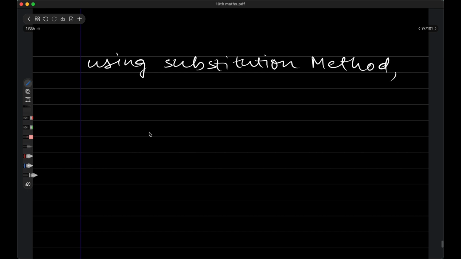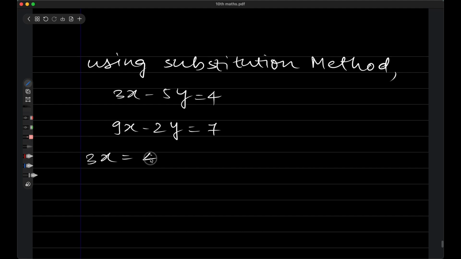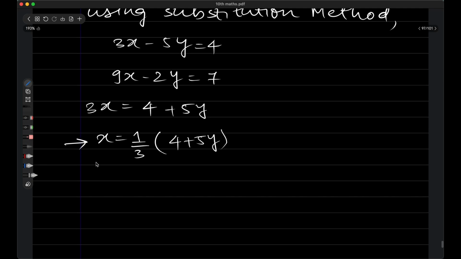The equations are 3x minus 5y equals 4 and 9x minus 2y equals 7. Let us subject x from the first equation and put the value of x in the second equation.